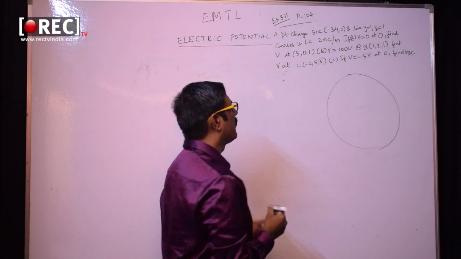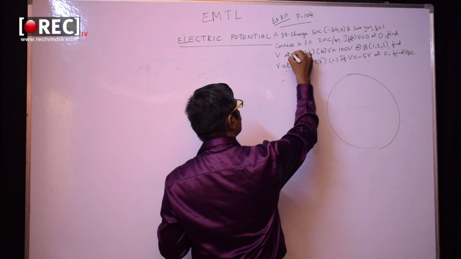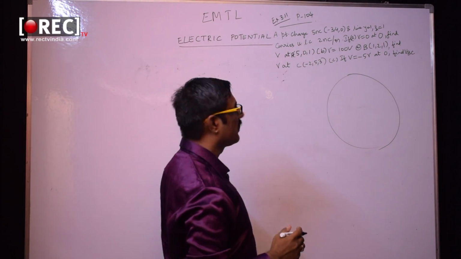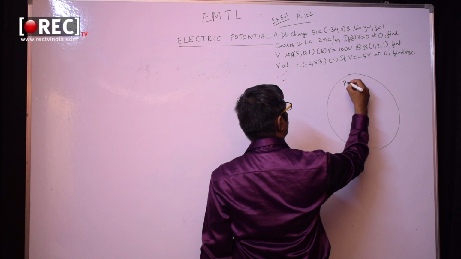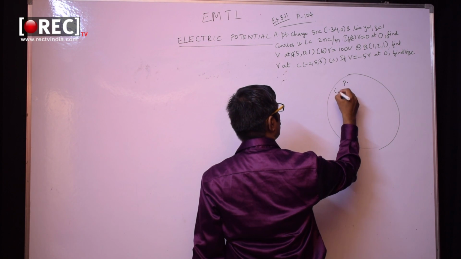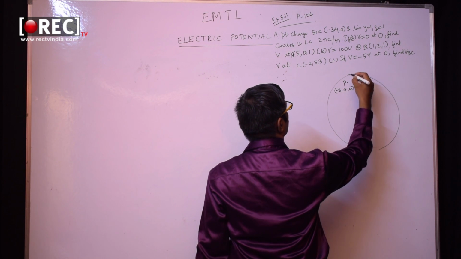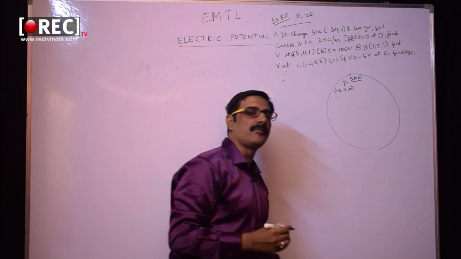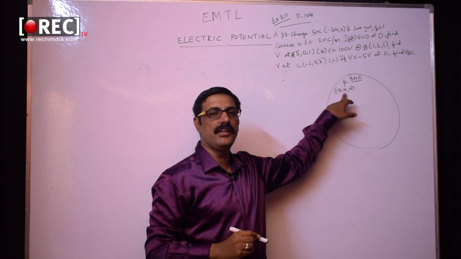In the given problem, he mentioned this point as A, this point as B, and one more point as C. Let us take the point as P. At point P, which is (-3, 4, 0), the charge is 5 nanocoulomb. So the point charge is located at point P, and the coordinates of point P are (-3, 4, 0).